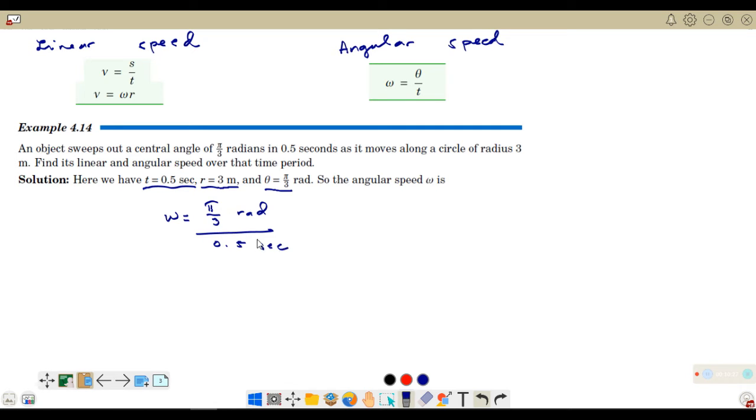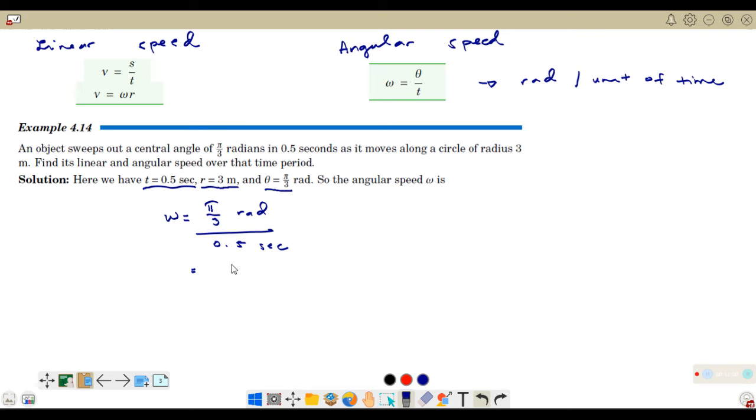And you have to take note that angular speed, ang unit of measurement nito ay radians per unit of time. Okay, now let's compute. What is pi over 3? So pi over 3 is 3.1416 divided by 3. Kuha lang ako ng calculator.